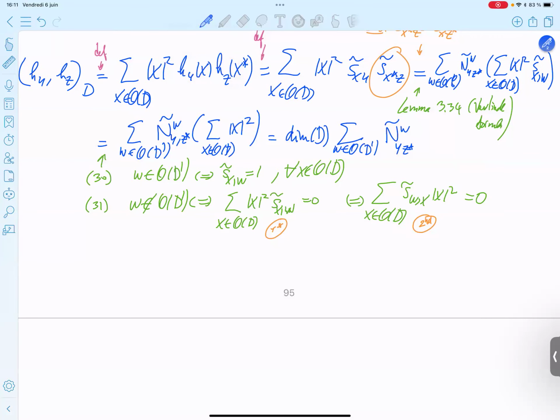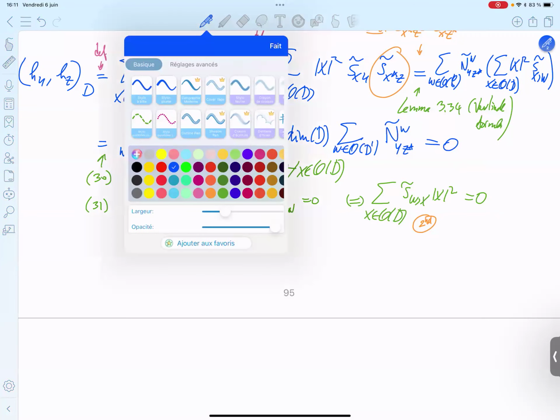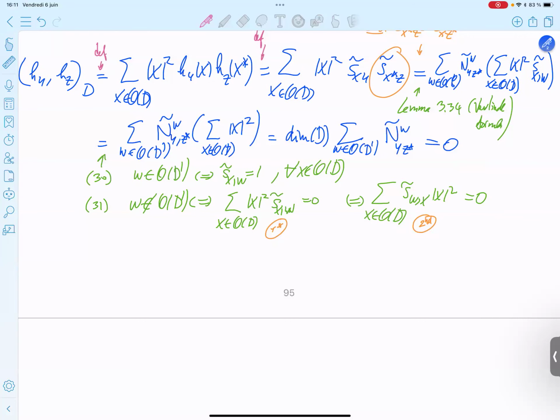And then we will make the pause. I forgot to make the pause. So this is equal to 0. Here, N Y Z star W equal to 0.